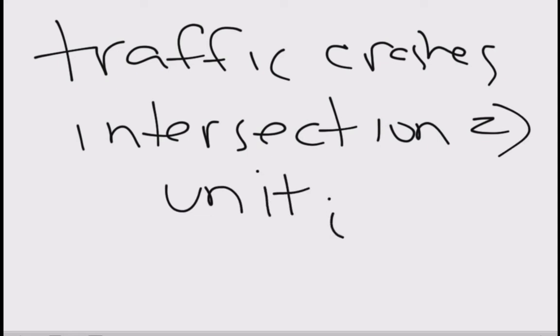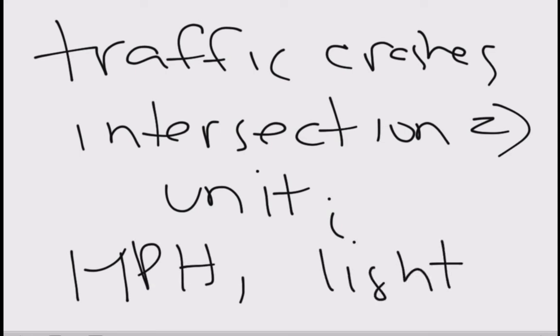So there are a number of intersections, and you're looking at the number of crashes over a year. And you might have a couple of explanatory variables like speed in miles per hour, or whether there is a traffic light at that intersection or not. Something like that might constitute a setting for Poisson regression. And we'll talk about that. Gelman and Hill actually present an example of that kind.